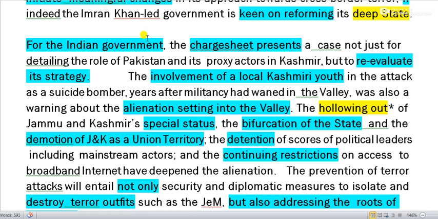Rather, the charge sheet goes ahead in making a more foolproof strategy for the future.